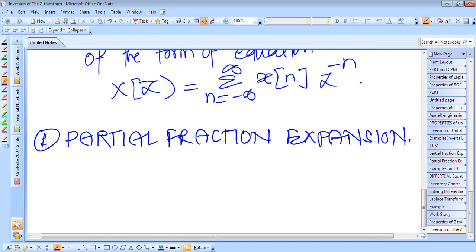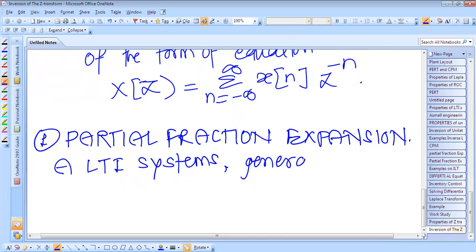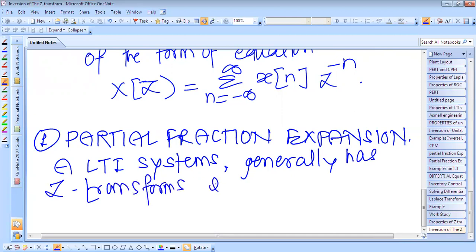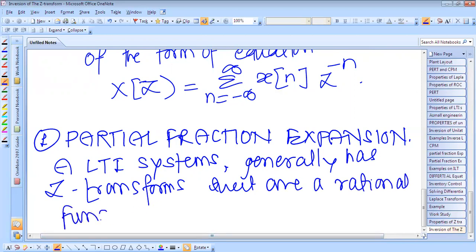So a linear time invariant system generally has a Z transform that is a rational function of z raised to power minus 1.